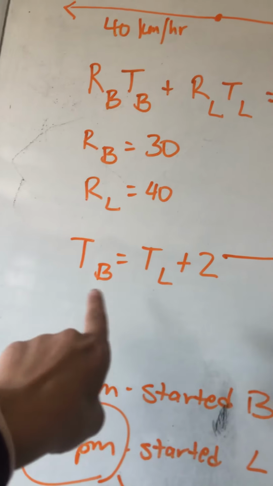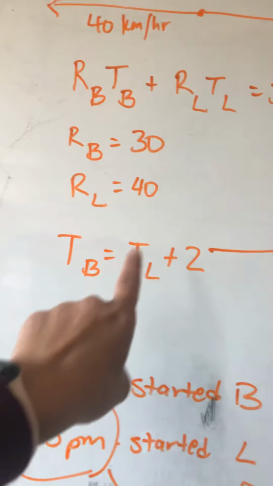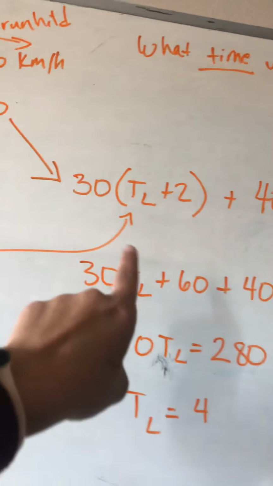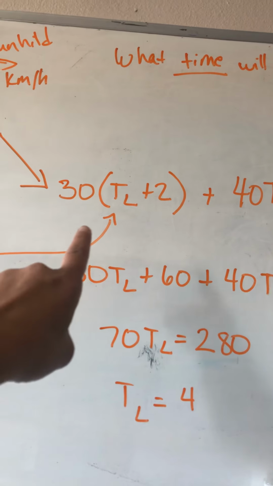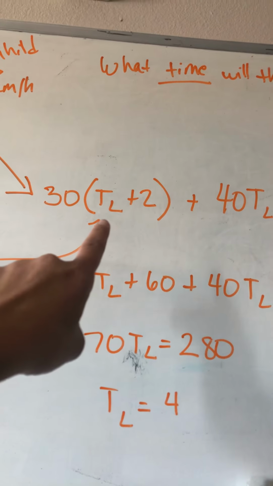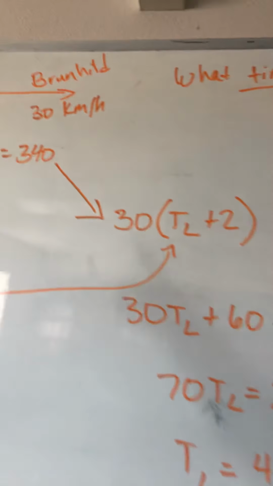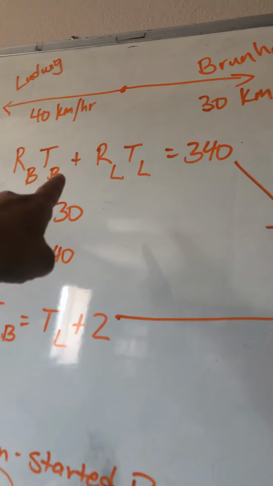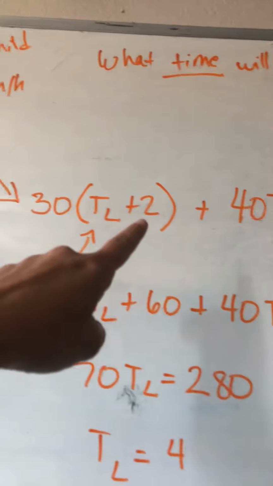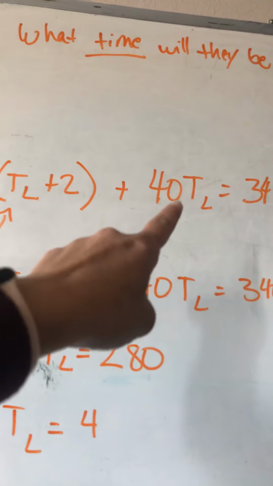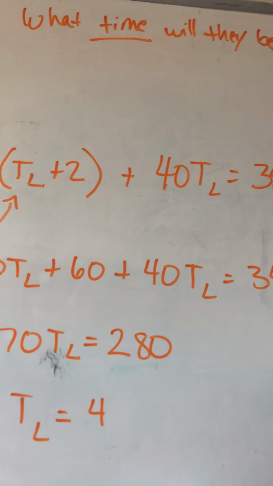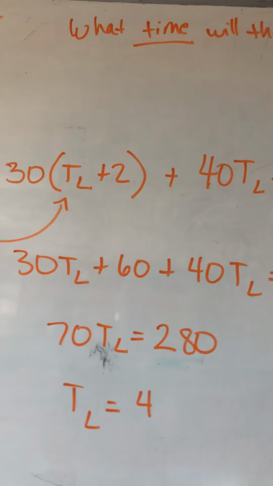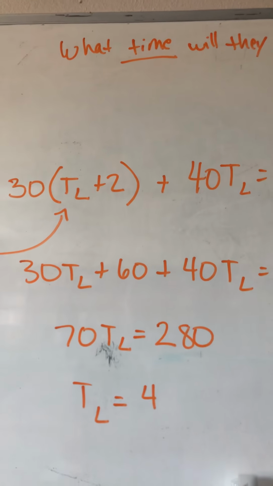Our time of Brunhild equals time of Ludwig plus 2. Okay, so our equation is 30 times, parentheses, time of Ludwig plus 2. That is the same thing as saying our rate of Brunhild times time of Brunhild, plus then our rate of Ludwig, which we know is 40, times our time of Ludwig, which we're leaving unknown still. So we're solving for time of Ludwig in this equation.